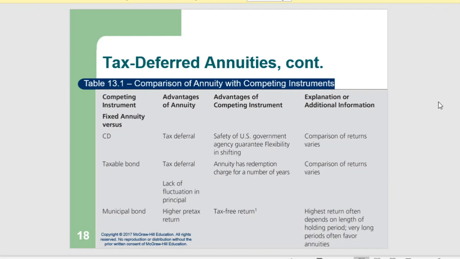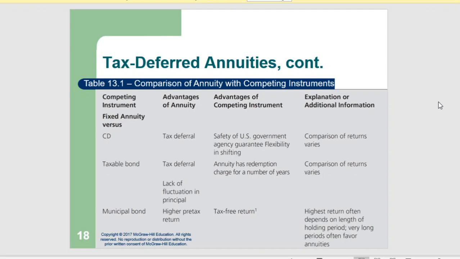With municipal bonds, you don't have federal tax at all, so you're not deferring it. You're basically avoiding it, which is superior, but the returns are lower than an annuity. Municipal bonds know that they have this advantage tax treatment, and so they pay lower returns. So it really depends ultimately on the length of time that you plan on holding the municipal bond.